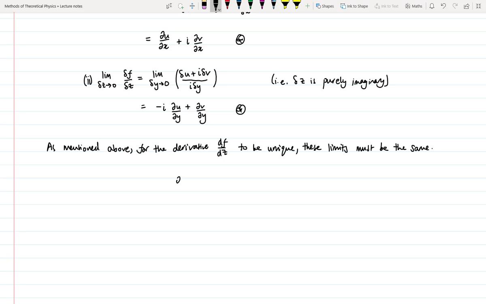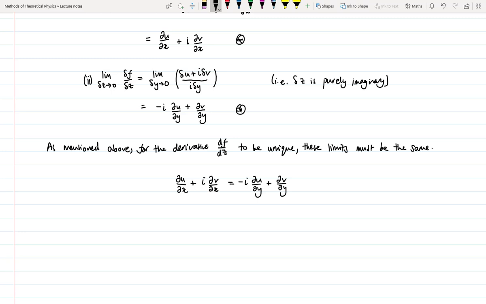So we must have that du by dx plus i dv by dx equals minus i du by dy plus dv by dy. I'll make the first term on the left a little bit bigger. Okay, so this statement must hold in order that our derivative be unique.